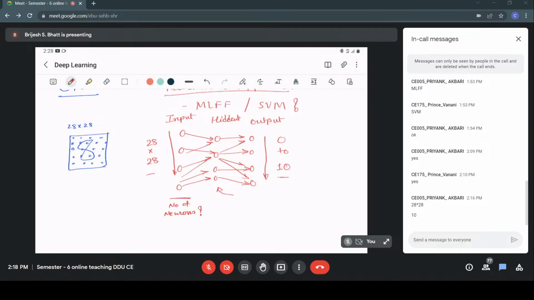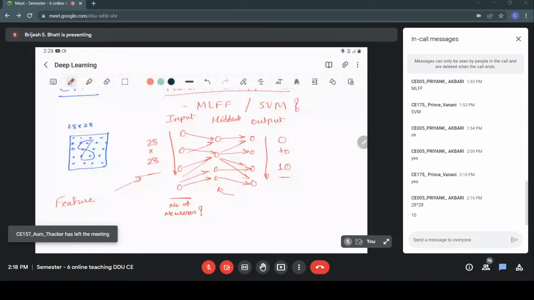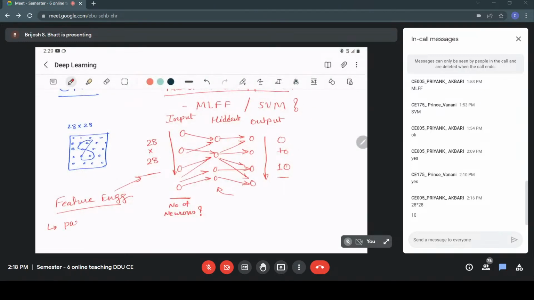So instead of passing every pixel, do some image processing and pass shapes. Maybe you can break down the image into some shapes: straight line, curve, this curve, slanted line, this slanted line.